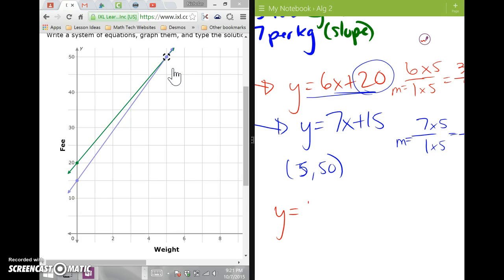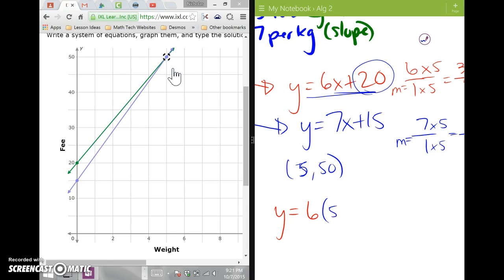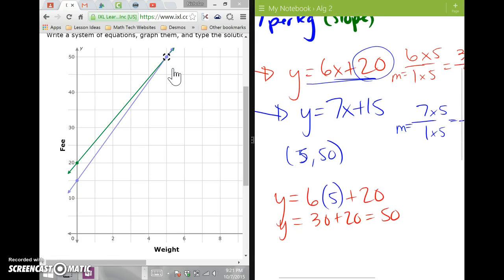I'm going to plug in 5, my x value, and it should end up being 50. So y is equal to 30 plus 20, and as we can see, it is 50. Okay, so it does work.